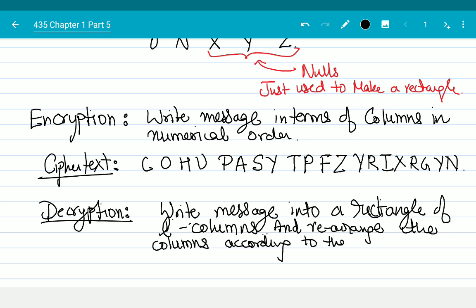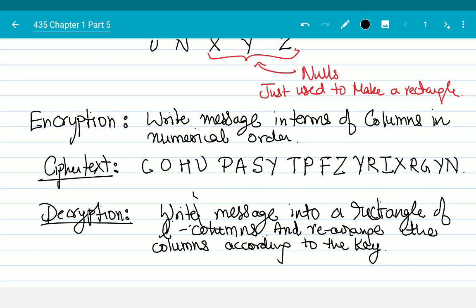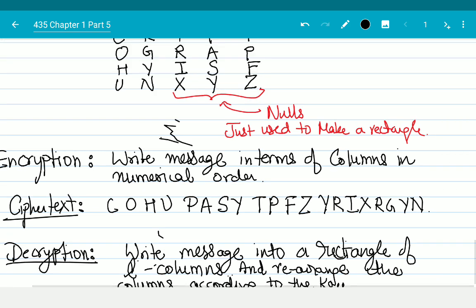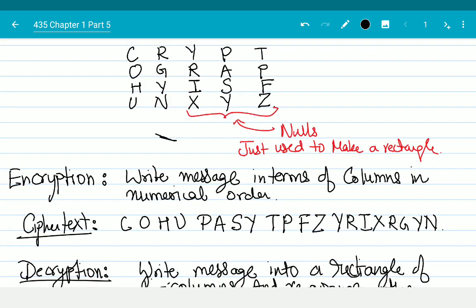If you first just write down the columns, it's going to read COHU PASY TPFZ YRIX RGYN. But you know which column should come first because of the key that we have.